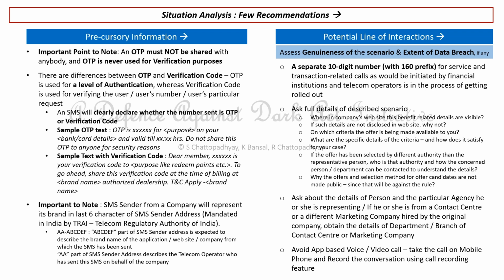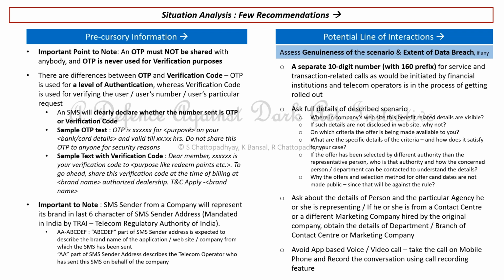When you look at an SMS, it will clearly declare whether the number sent through this SMS is an OTP or a verification code. A sample OTP text will read something like, OTP is 123456 for the purpose on your particular bank account or card details and valid for this many hours or minutes.